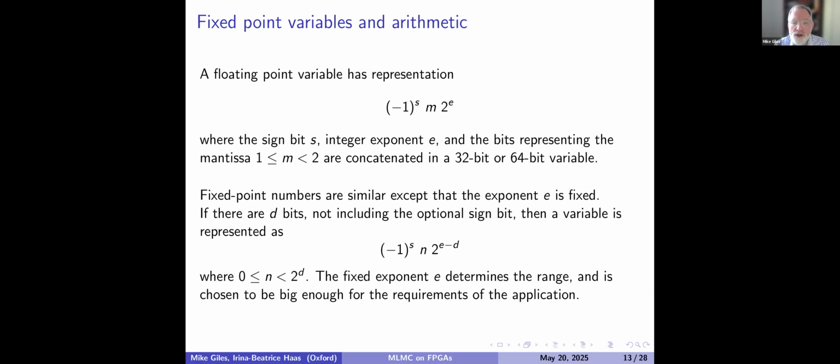Okay. So the exponent is fixed. We have to choose the exponent to be big enough to hold the largest number that we need to represent in the application. And then after we've fixed the exponent, it's the number of bits d, which is going to control the precision of the variable, how accurately it's represented and involved in all of the subsequent calculations.